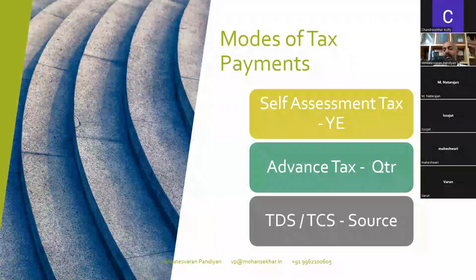And in case a person on whom TDS is deducted or TCS is collected does not file a return, the income tax department will be able to go after them and collect tax on whatever income they have earned.